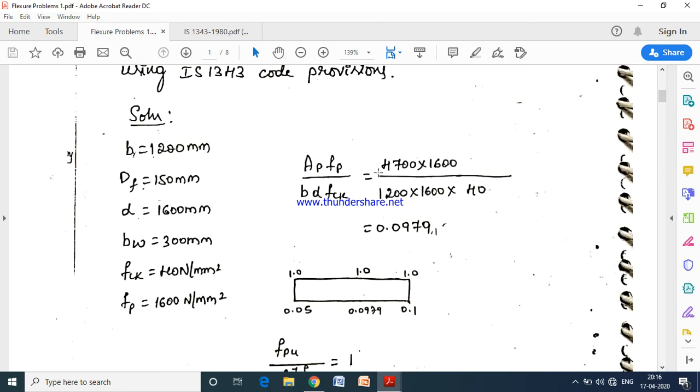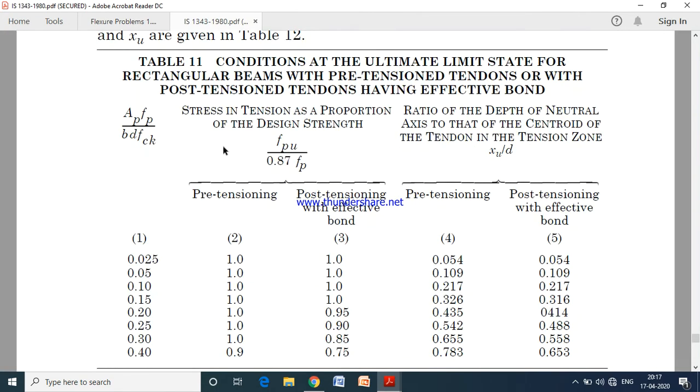Substitute the given values, you will get this value. So by using this ratio, using IS 1343 code table number 11, that is for bonded case we use table number 11, for unbonded case we use table number 12.